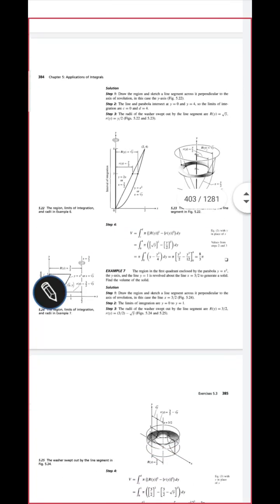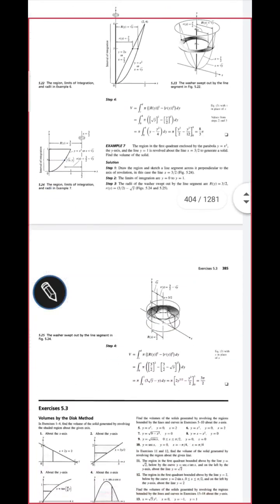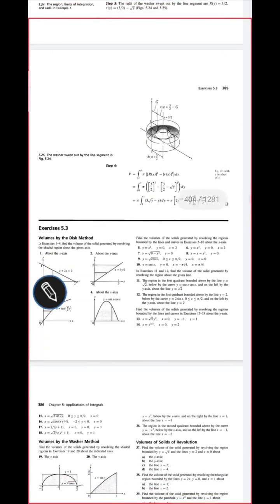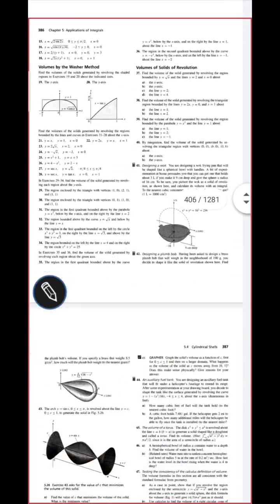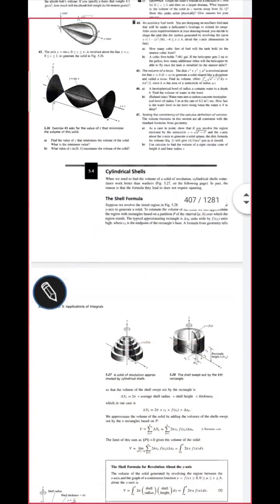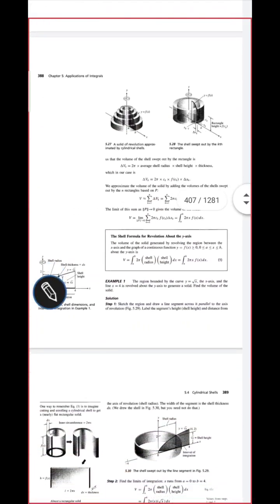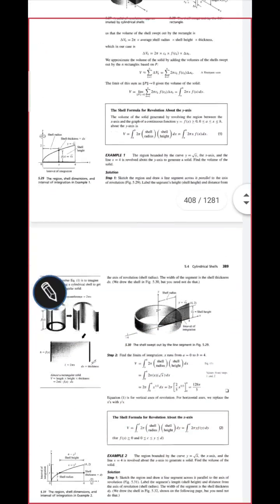That is called a paraboloid. It is in the XYZ plane. Okay, so that was finding the volume. This part is not in the syllabus actually. I will skip this.